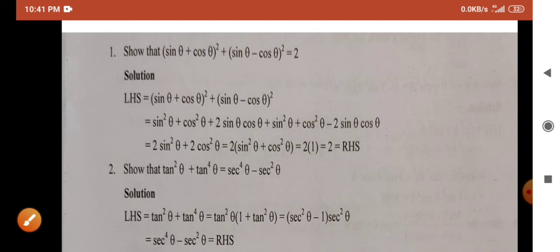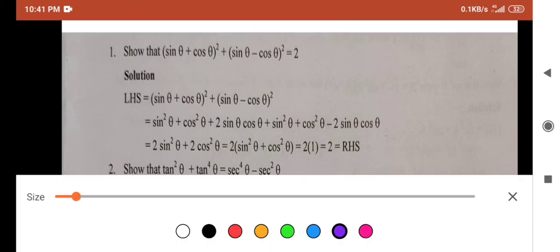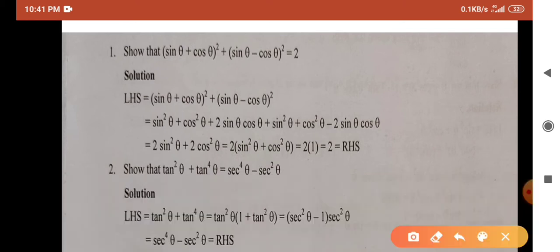This term is in the form of a, b, (a + b) whole square, and here also it is a, b, (a - b) whole square, right? a square plus b square plus 2ab, here a means sin theta, b means cos theta, right?